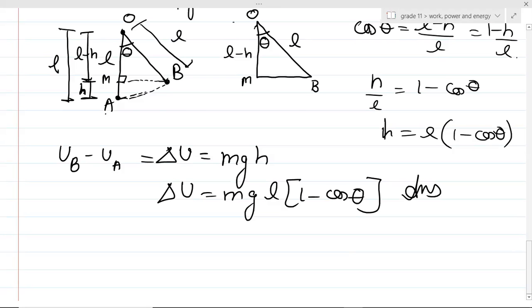Always, a very important note. Suppose in place of this bob, generally you consider this bob as a point object, right? If in place of this bob it was a sphere, then that sphere is a uniformly shaped object. So always remember, whenever you have a uniformly distributed mass, you can consider it as a point object.